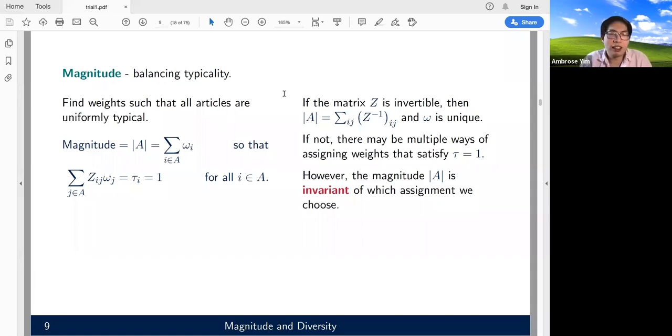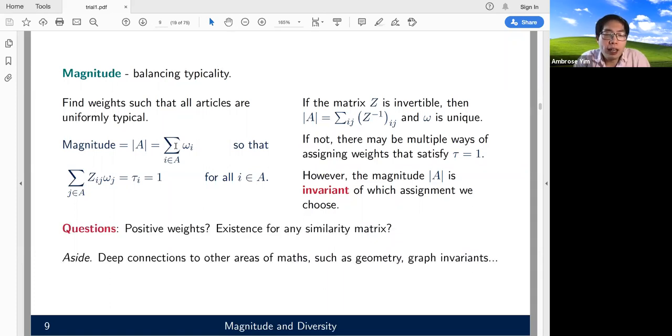And this is an interesting mathematical property, and this is what leads many people in various areas of mathematics, like geometry, people who study graphs, people who study category theory, to study this object.